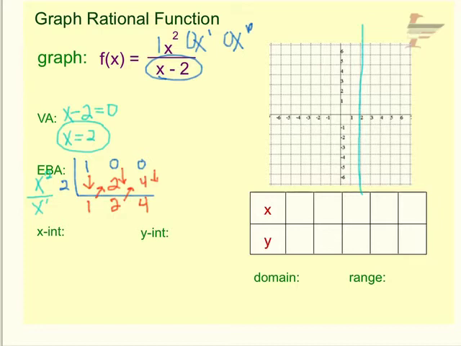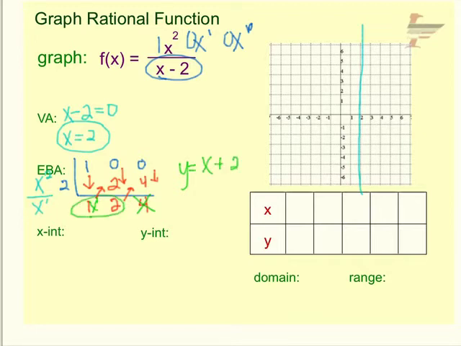So here's where that last number that we just came up with, we never used that, and because we took an x squared divided by an x, we're left with an x to the first power, which will go with that first number. So our EBA will be y equals x to the first power plus that 2.